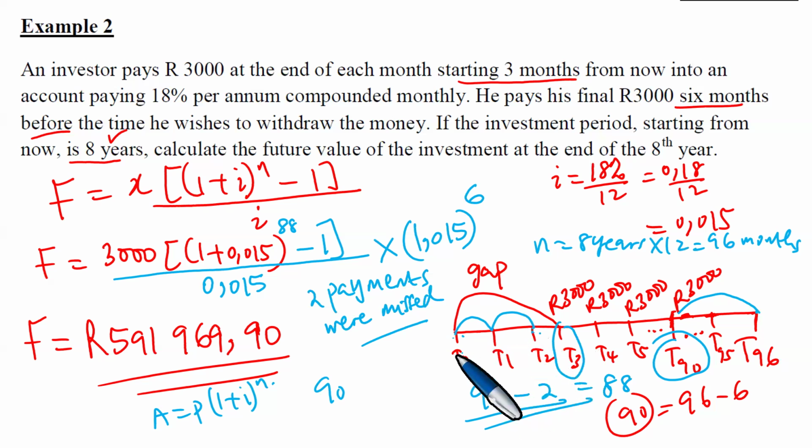So you must say 90 minus the 2 payments he missed, which is 88. Then we multiply everything through with the 1.015 to the 6th power, and we're able to get the answer.